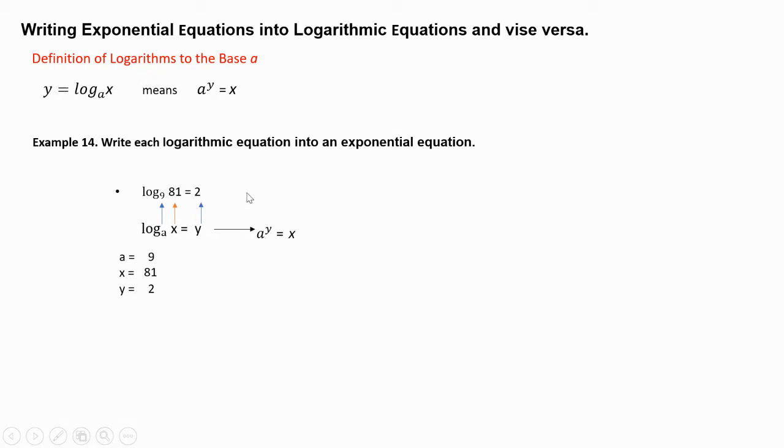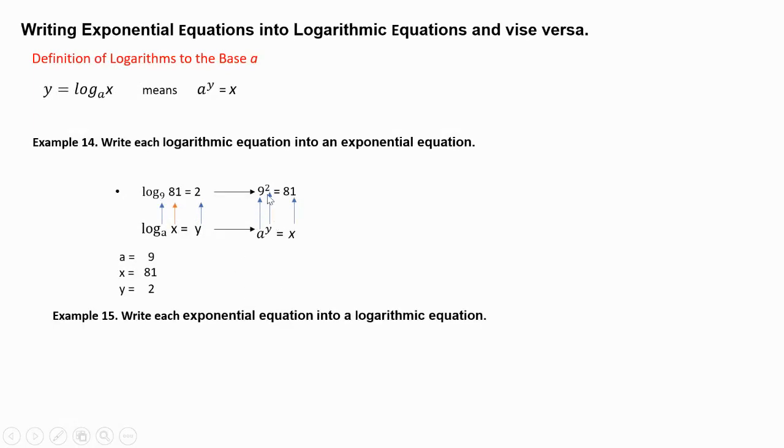Right is going to be a, which is 9, y is 2, and x is 81. There's my a, there's my y, and there's my x. So this is how you write log base 9 of 81 equals 2 as an equivalent exponential equation, which will be 9 squared equals 81. This is what they're looking for.